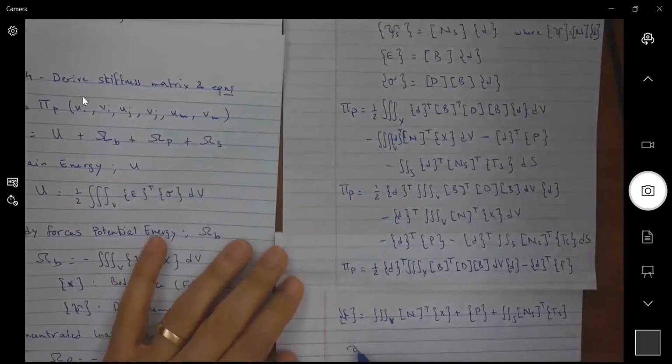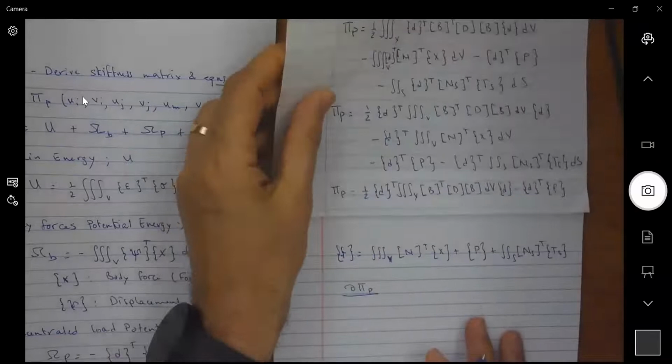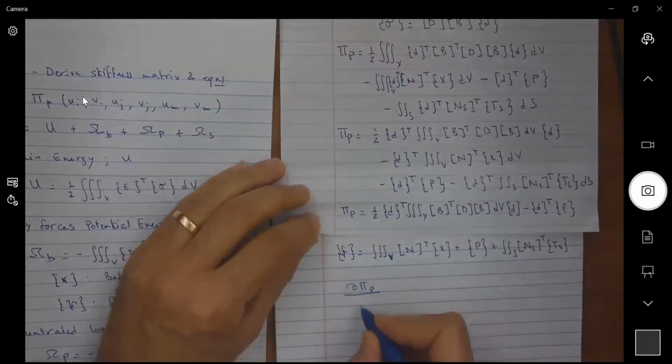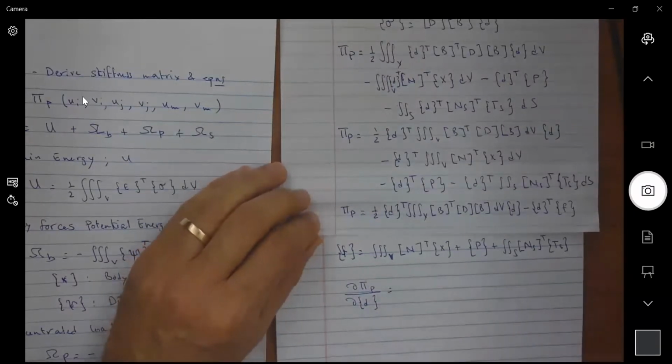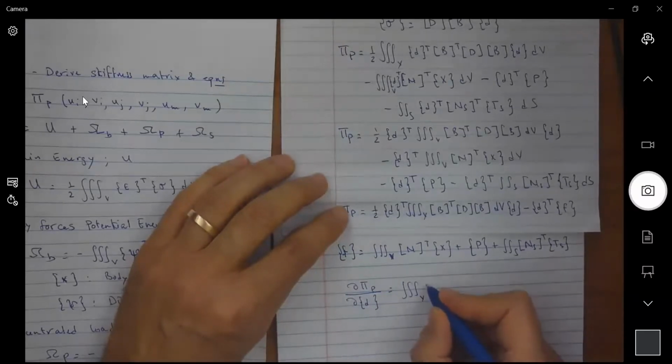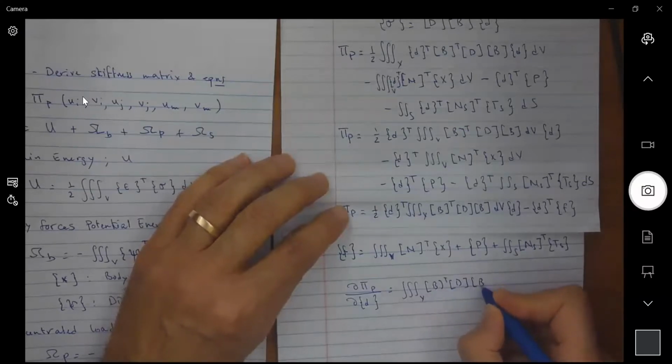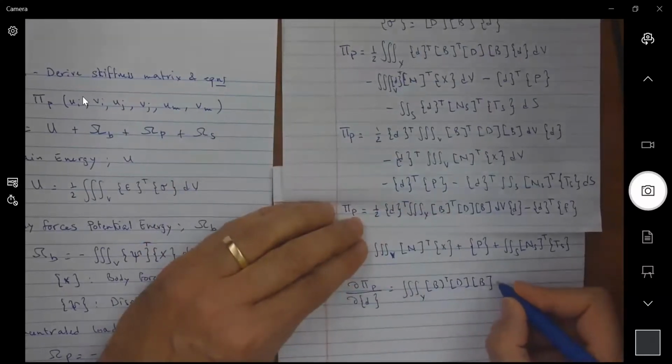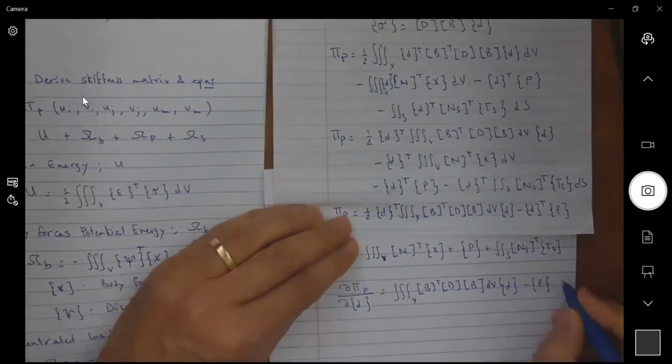Now, if I take the partial derivative of pi p with respect to the d's, I will get here the triple integral over the volume of B transpose times D times B dV multiplied by d, minus f, is equal to 0.